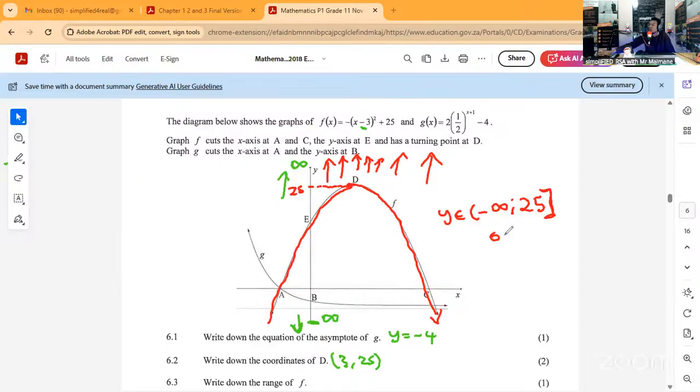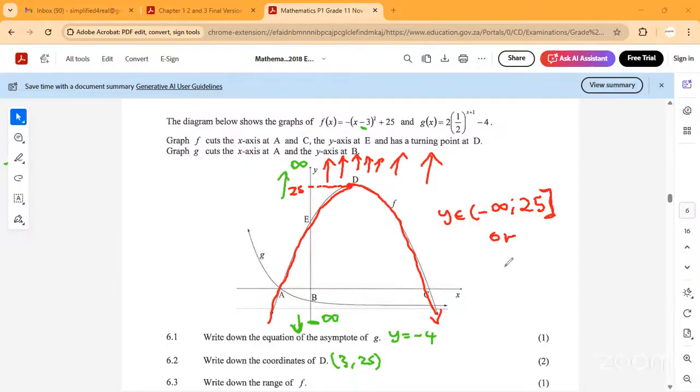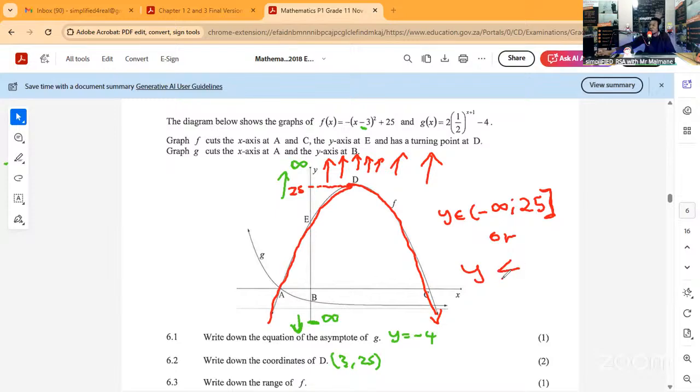Another notation would be, some students would say, y is less than or equal to 25. You are still talking about the same concept because you are saying the existence of the graph is from 25 going less, because if we're going up, it would be going in the other direction.